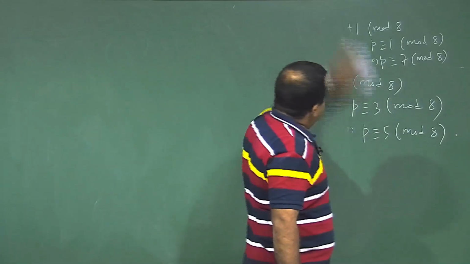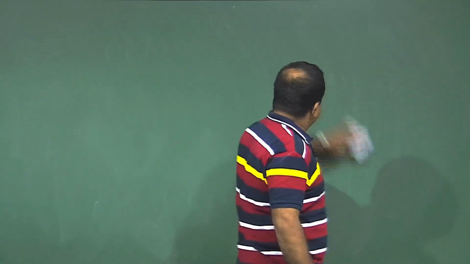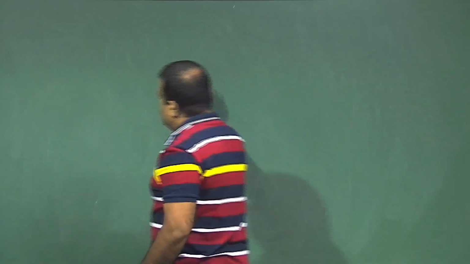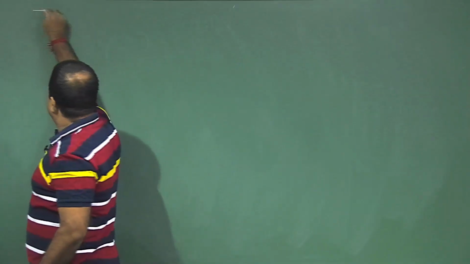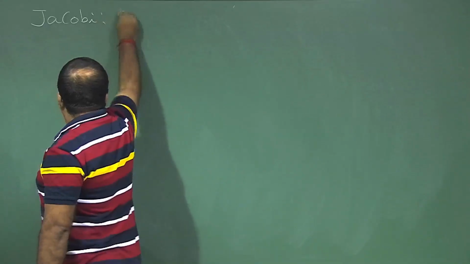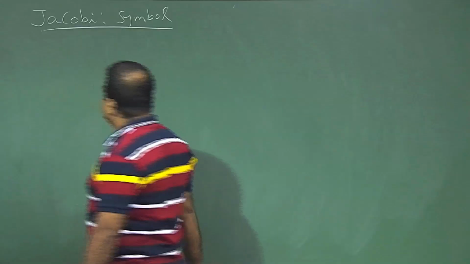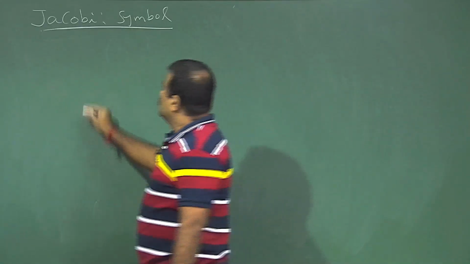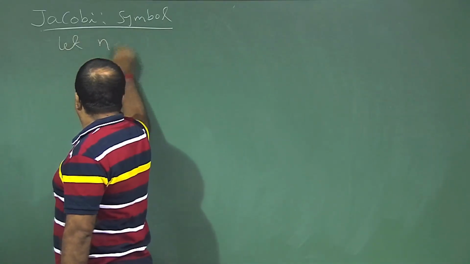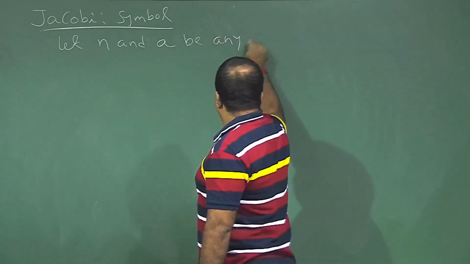That is called the Jacobi symbol. This is defined for any integer n. So let n and a be any integers.